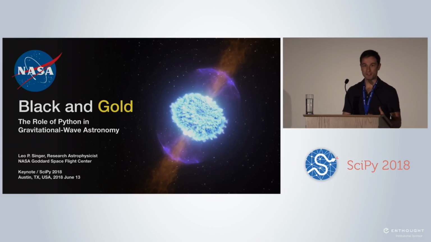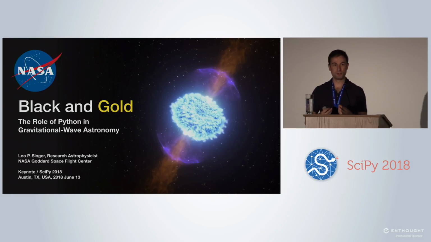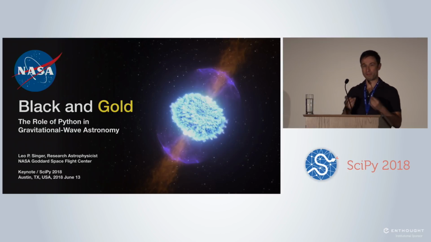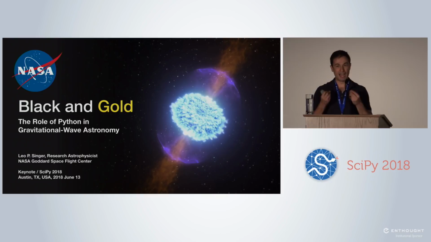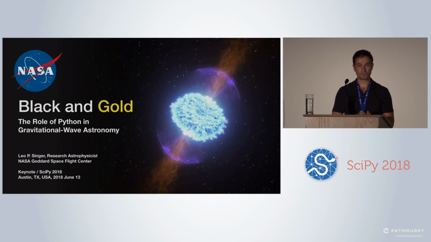I'm interested in multi-messenger astronomy, and what that means is using two or more of the fundamental physics of nature at the same time to learn something about an astronomical object. Or put another way, to use two different kinds of particles.